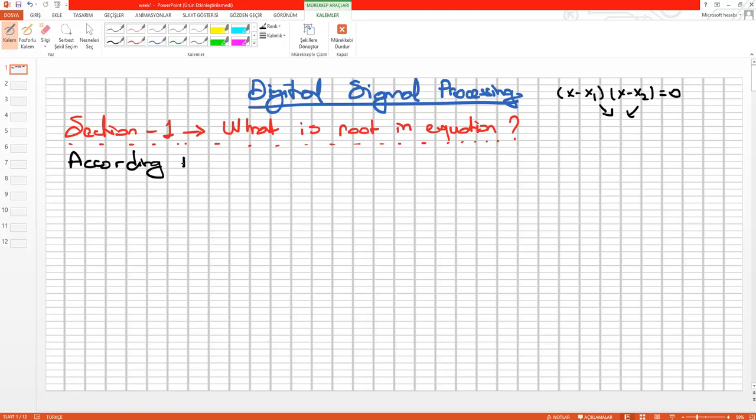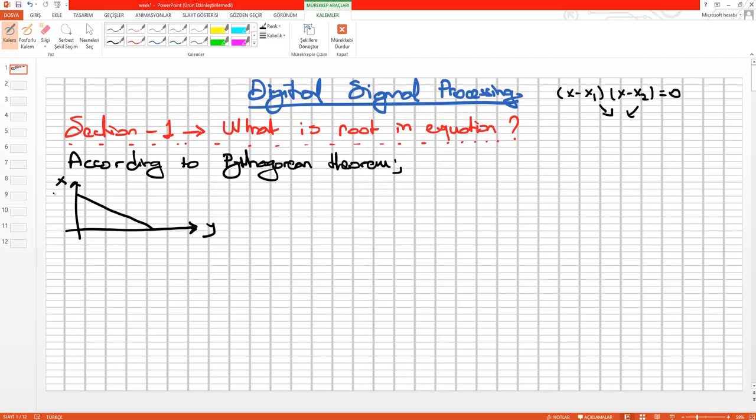According to the Pythagorean theorem, we can say that if we have any axis, just like this one, x and y, we can draw a line, which we call the hypotenuse.